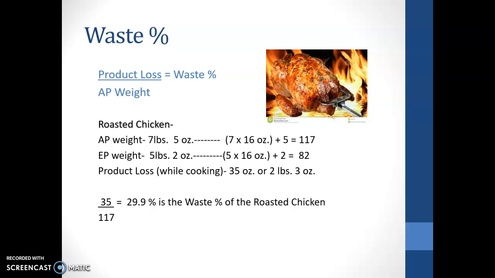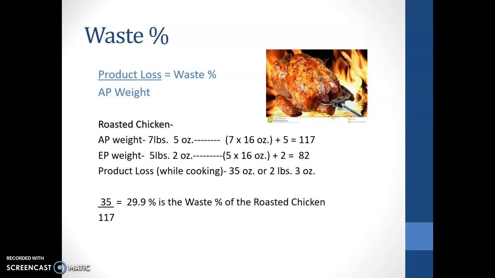Very rarely do you get a chicken that's exactly the right amount of pounds. So it's a couple of pounds, a couple of ounces, whatever it is. So I always like to convert it to the same unit. If the AP weight of a chicken is 7 pounds and 5 ounces, we want to convert all of that to ounces. That actually comes out to 117 ounces, right?